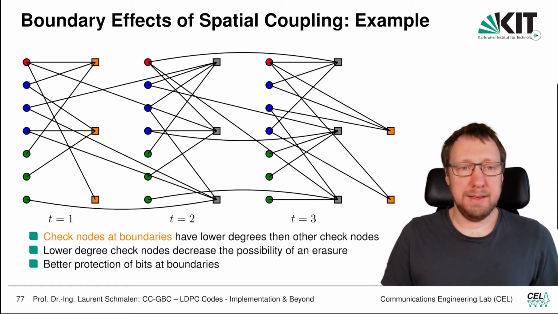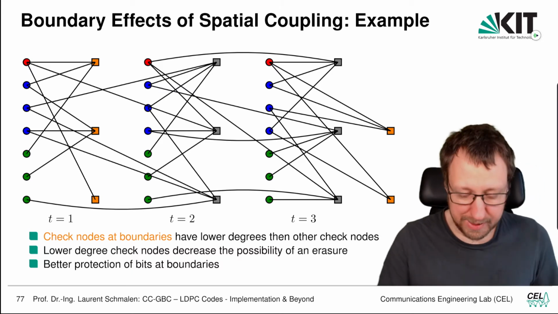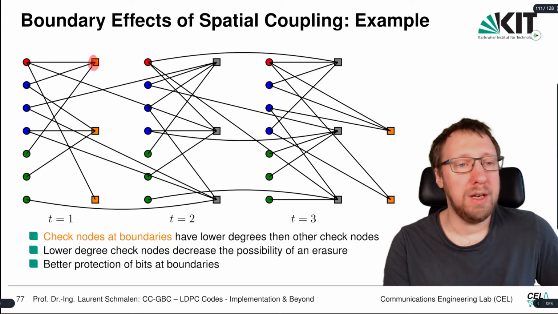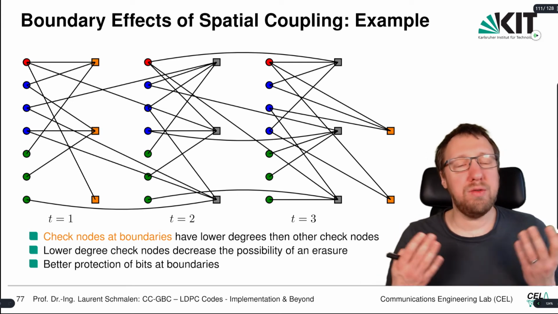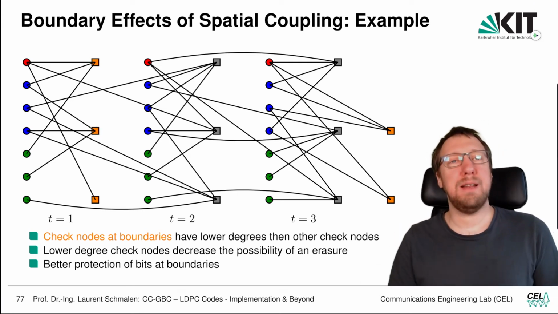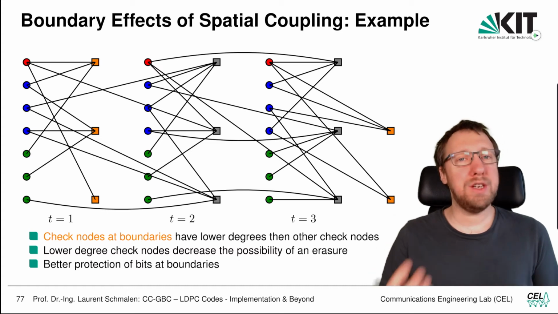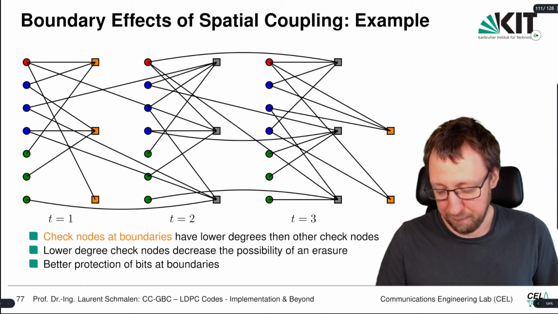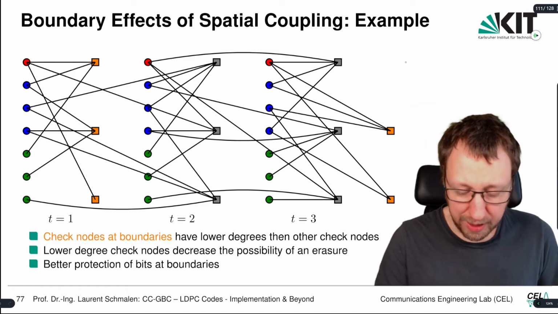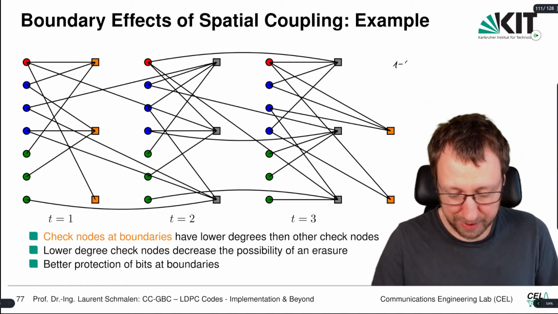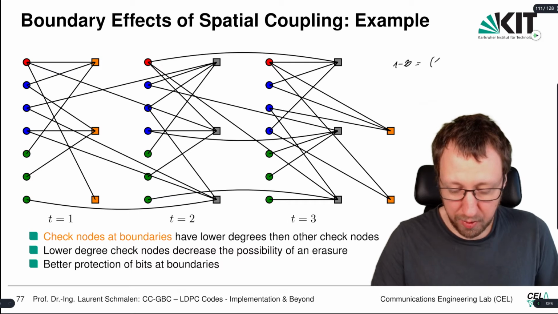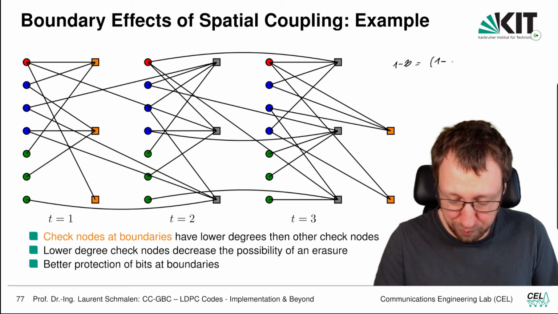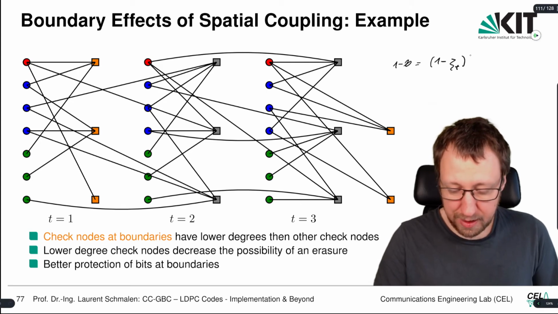So the boundary effect is important because we can see that the check nodes at the boundaries, these check nodes, they have a lower degree. And the lower degree of a check node is usually good because that means that correcting the erasures is easier, simpler. You can recall the probability that the check node is not erased, so 1 minus chi is equal to 1 minus the input erasure probability, so (1 - x_c e)^dc.